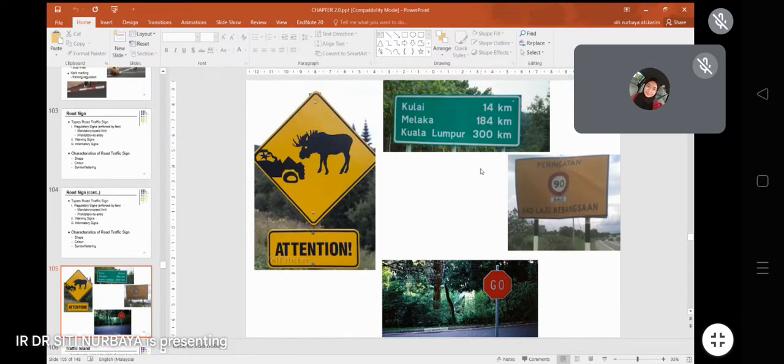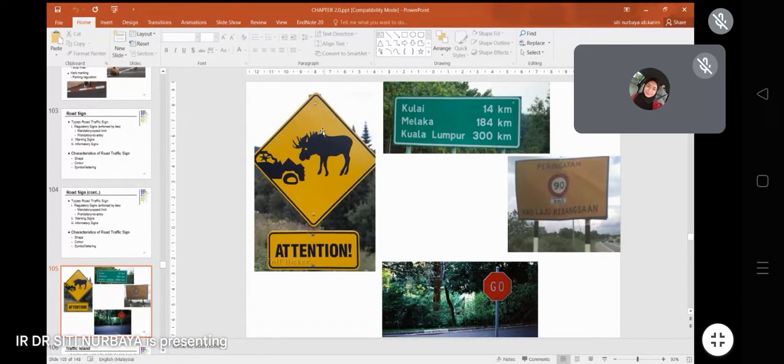Okay, so contoh-contoh ni, kamu boleh nampak kita ada warning signboards lah. Warning signboards nampak ni ada apa? Ada deer, ada deer crossing, the deers will hit the cars kan. Okay, so accidents will happen lah. Jadi attention lah to the drivers. Dan kita ada signboard dekat highway, warna hijau kan.